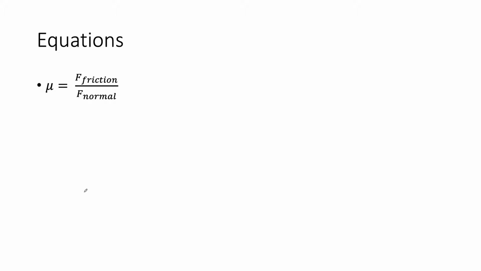Now, to refresh our memories from the lecture, I have an object on a surface. The weight, mass times gravity, is pushing on the surface, and there's an equal and opposite reaction of the surface pressing on the block, and this is what we call the normal force.